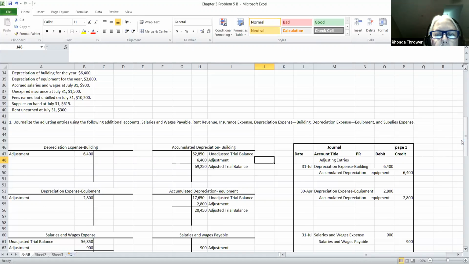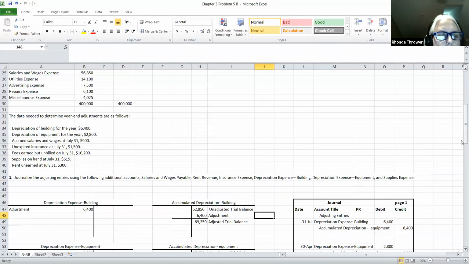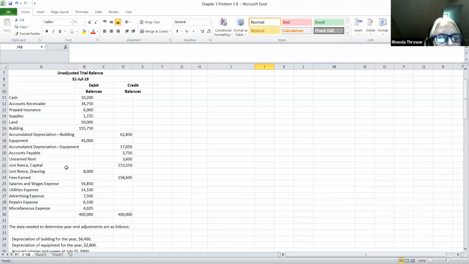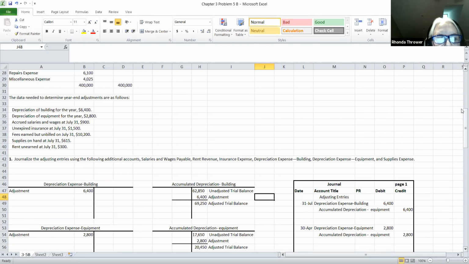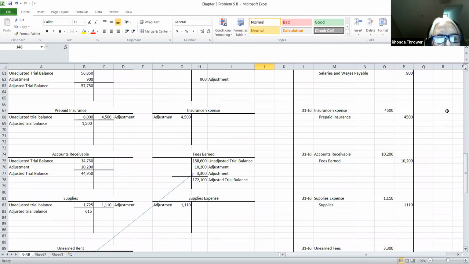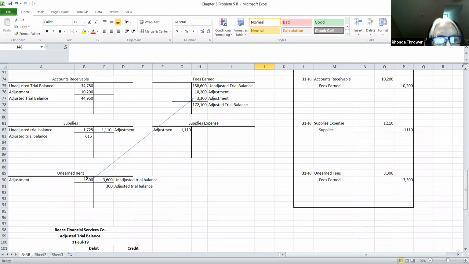The amount that we received in advance was the amount of the balance of the unearned rent account. We had received $3,600 rent in advance. So we have recorded this as unearned rent.